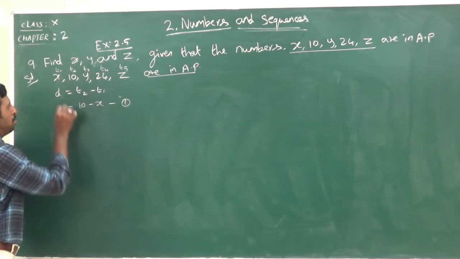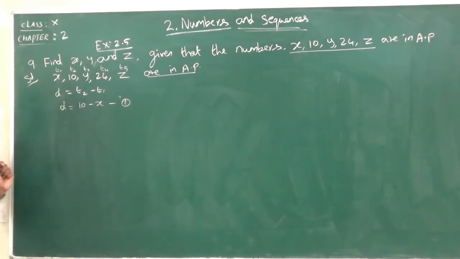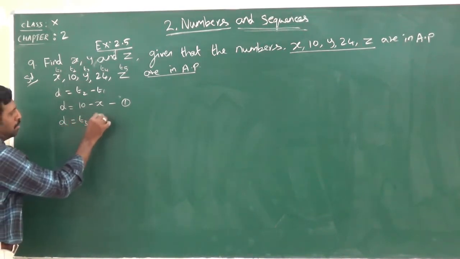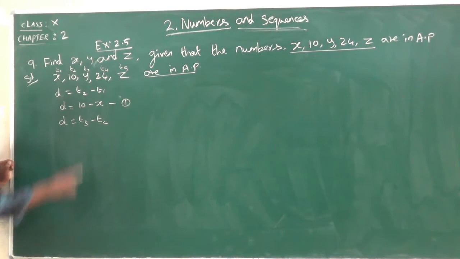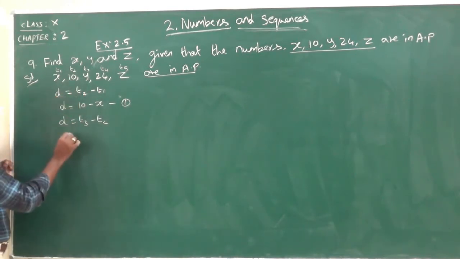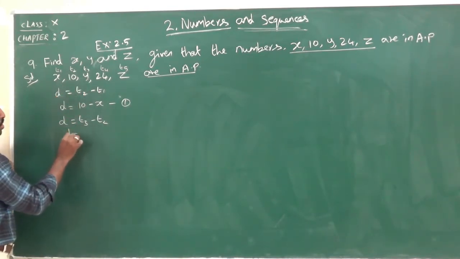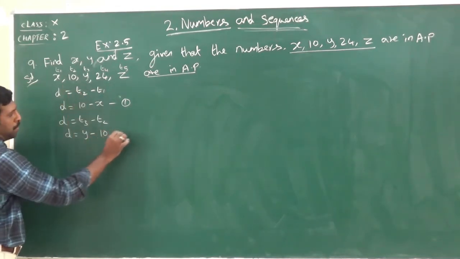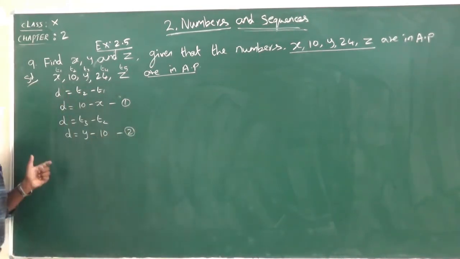Let me take this as equation number 1. D is equal to 10 minus x. Then D is equal to T3 minus T2. See, third term minus second term is equal to D. The third term is y minus the second term 10. Let me take this as equation number 2.